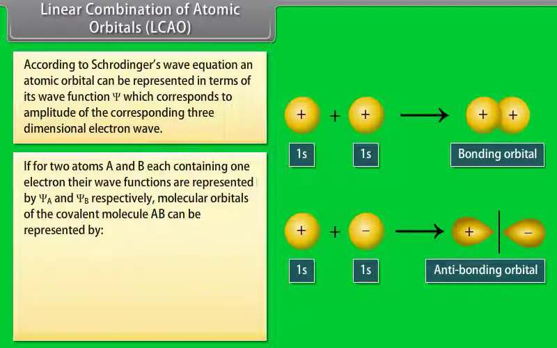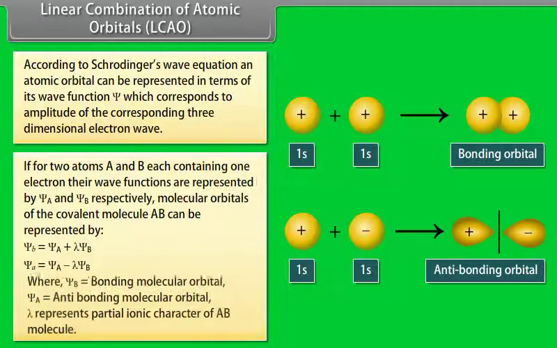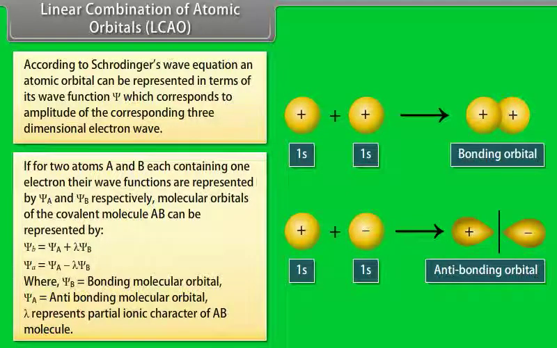Molecular orbitals of the covalent molecule AB can be represented by psi b = psi A + lambda psi B, and psi a = psi A - lambda psi B, where psi b is the bonding molecular orbital and psi a is the anti-bonding molecular orbital.